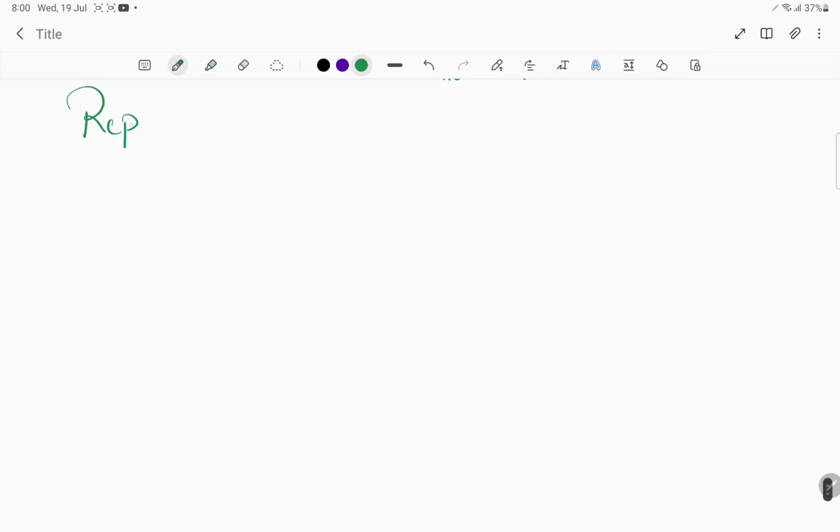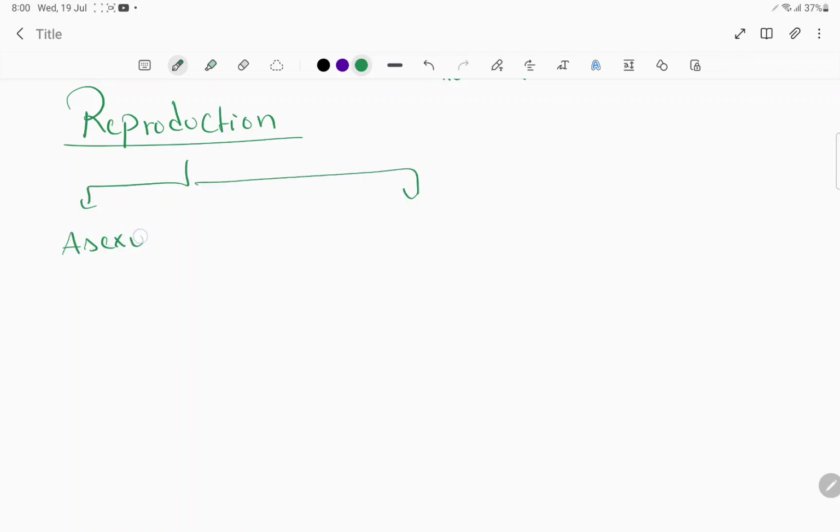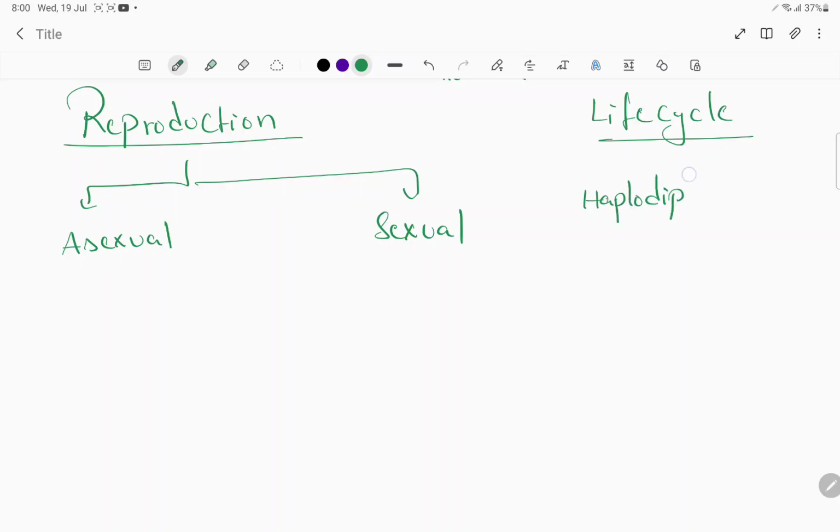Coming to the reproduction part. Asexual and sexual, and life cycle: haplodiplontic and diplontic.